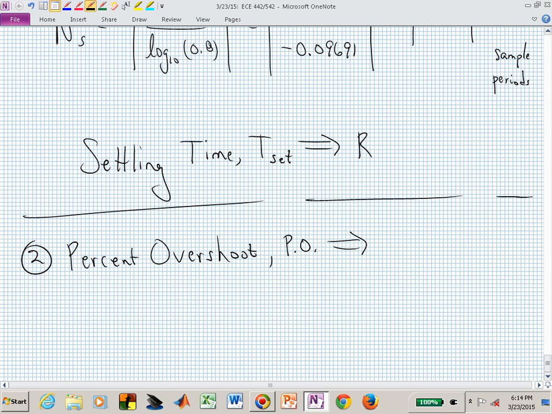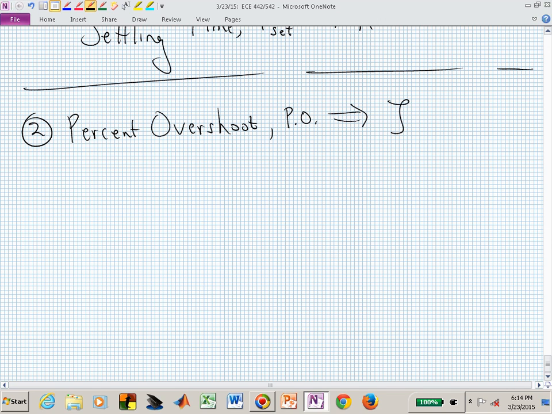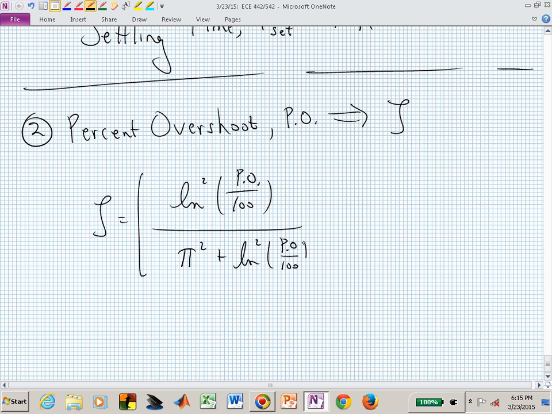Percent pizza pie, that's our wedge, isn't it? That was the zeta value. So if we're given a specific percent overshoot, then we could translate that into a given zeta using the same relationship that we talked about earlier.